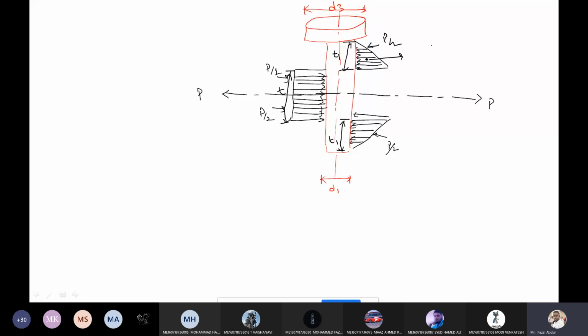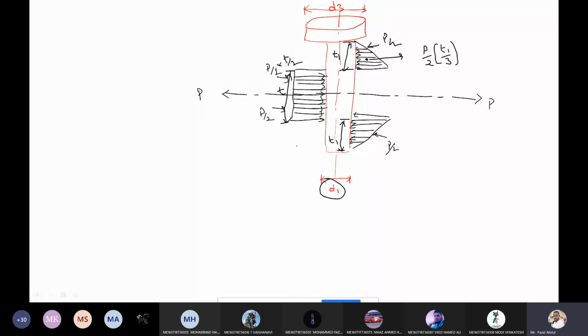How much is the intensity? The intensity is P by 2 into T1 by 3. Now this UDL load is P by 2 into T by 2. Now we are designing D1.